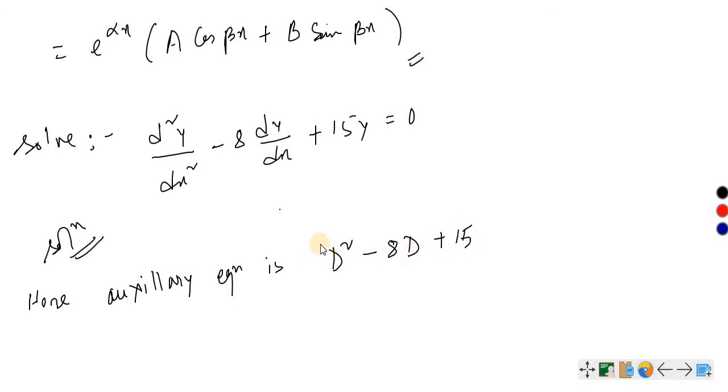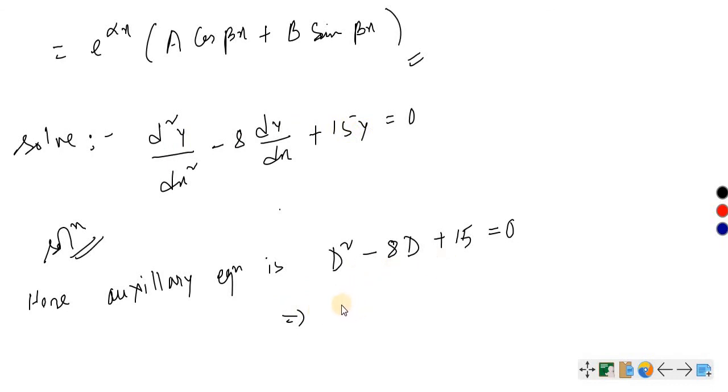This is my auxiliary equation and it is equal to 0. Always take the auxiliary equation in this form, that is, the right hand side should be 0 and the left hand side should be these terms excluding y. It is a quadratic equation, and we can solve it.